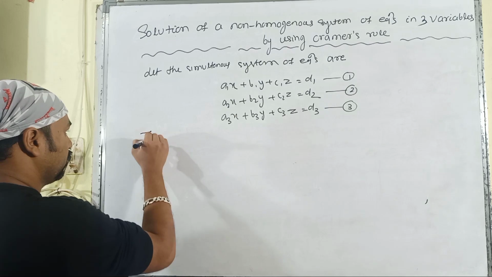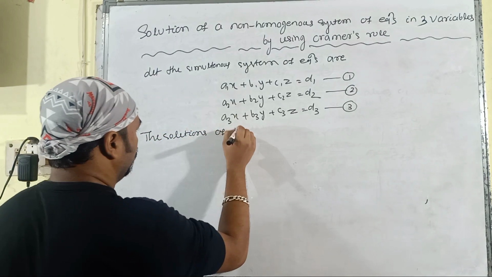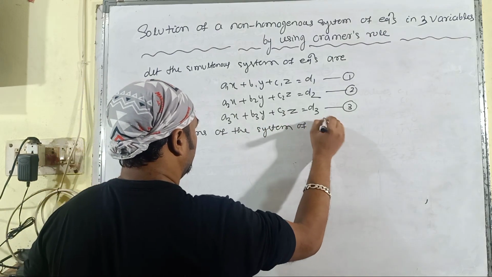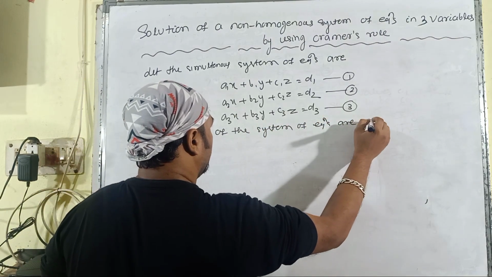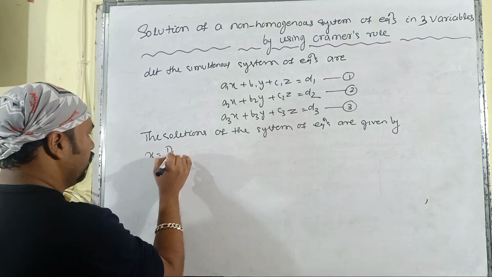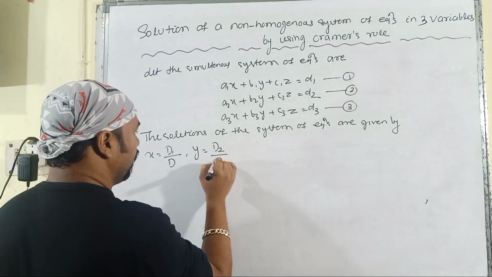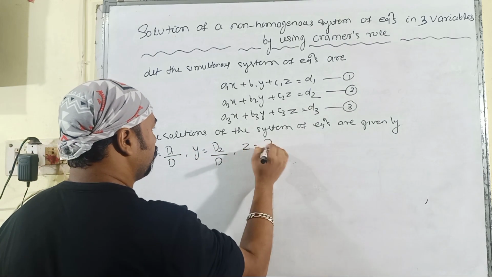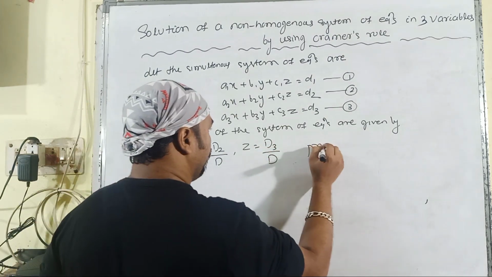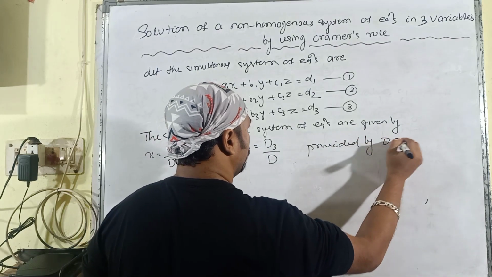The solutions of the system of equations are given by x is equal to D1 divided by D, y is equal to D2 divided by D, z is equal to D3 divided by D, provided D not equal to 0.